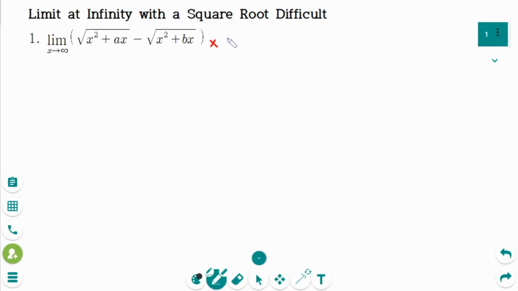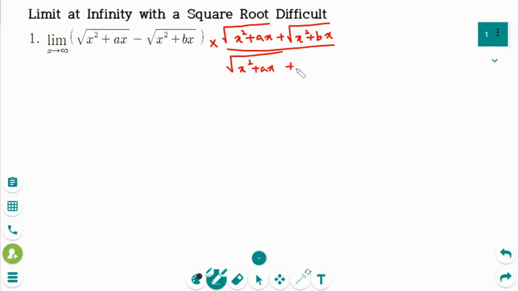So times the conjugate, and create a fraction over 1, then expand the numerator.